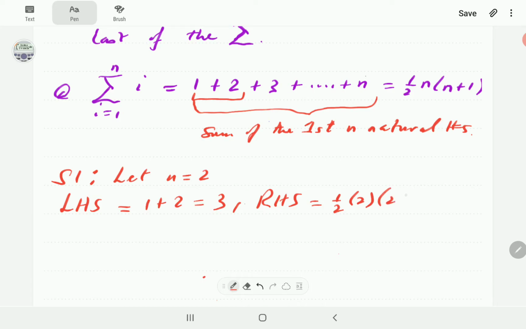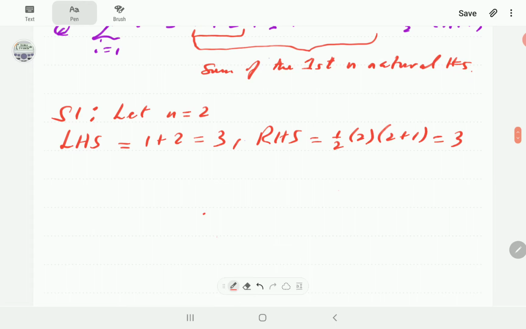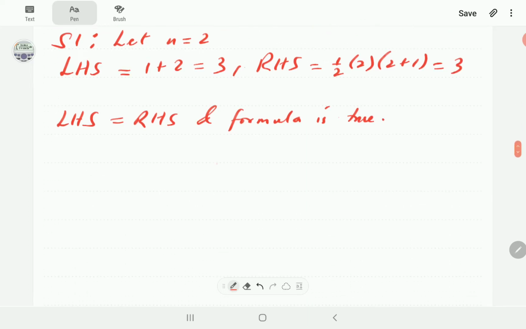So it's going to be 1/2 times 2 times (2 plus 1), and this is going to be 3. So the left hand side is equal to the right hand side, and hence the formula is true for n equals 2.